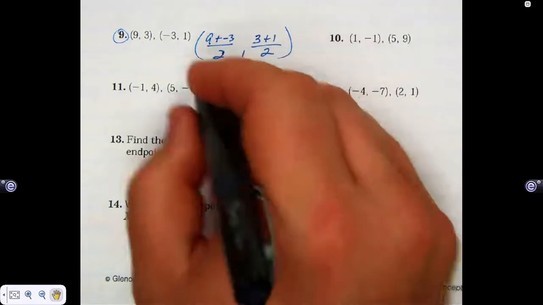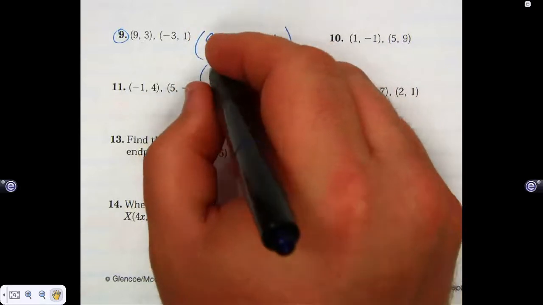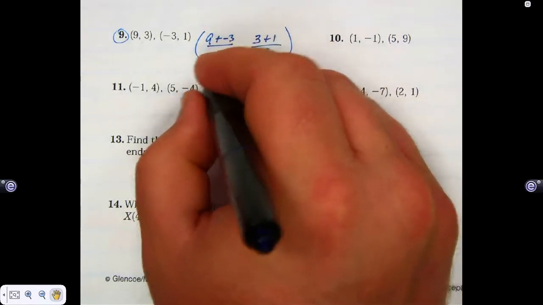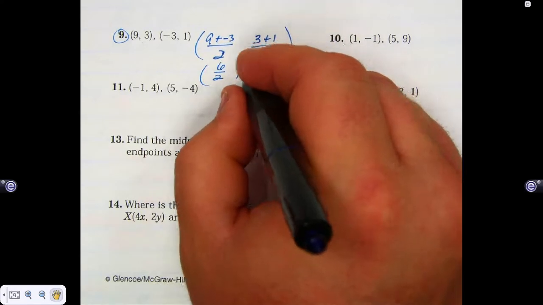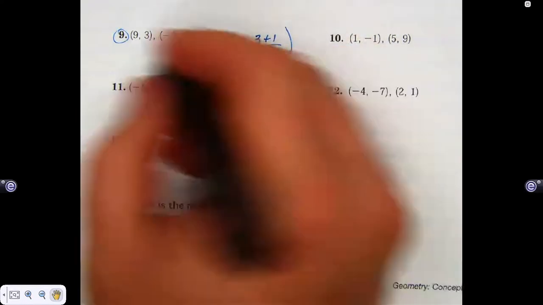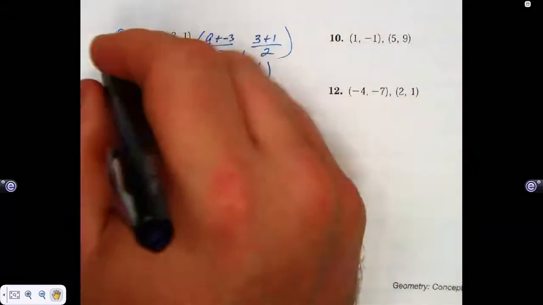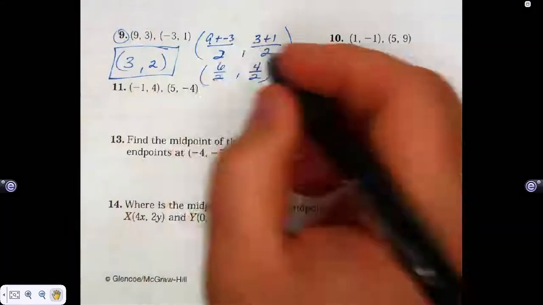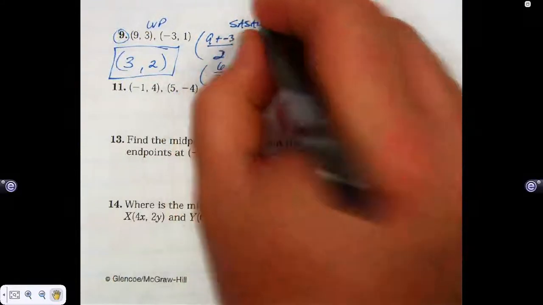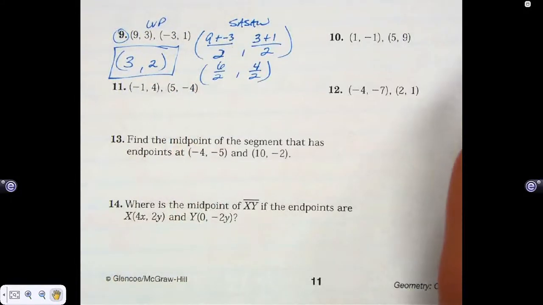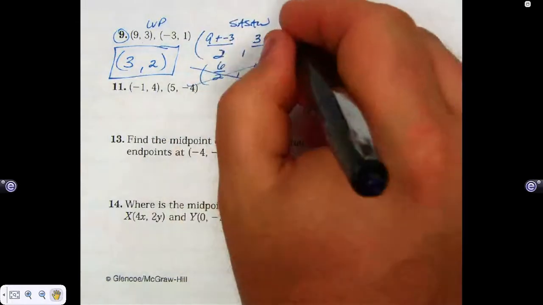What's 9 plus negative 3? 6. What's 3 plus 1? 4. So 4 over 2. Your answer is 3, comma 2. All positive. Writing the problem, showing all steps and work. There was no figure to draw, was there? No. You don't necessarily have to have that step, but you have to have this one.